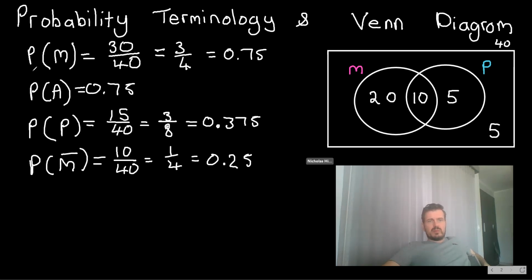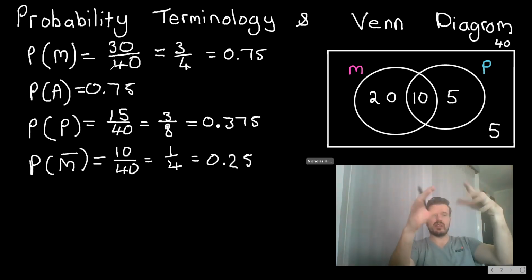And so that would be something that would be called exhaustive. So if you come across the term exhaustive, it means that it encompasses everyone. So maths and not maths encompasses all of the people in the class, and that would be events that are exhaustive.